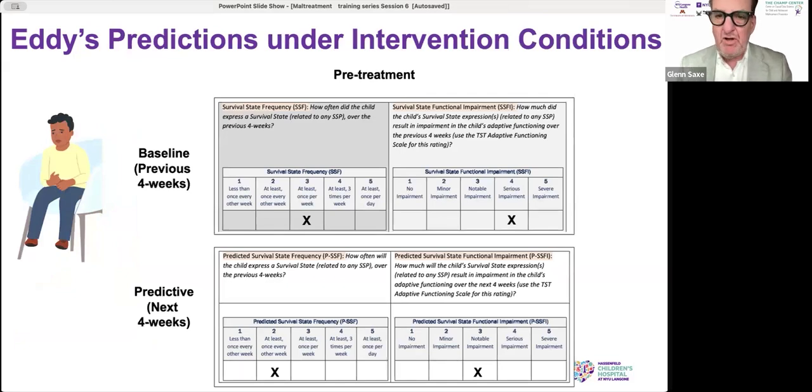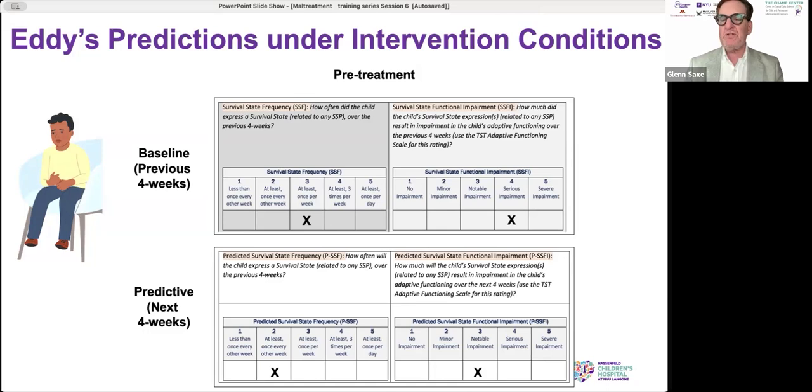And then we talked about a tool that we use for Eddie, but could be used anywhere where you do your assessment, then you think you know what's going on enough to intervene. So you're predicting that there will be fewer episodes of dysregulation, and the episodes will have less functional impact.